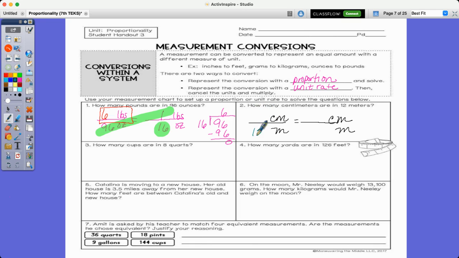Well, I know that there's 100 centimeters in 1 meter. So once again, I'm going to cross multiply and divide. 12 times 100 is 1,200, and I'm going to divide that by 1. So my answer is 1,200 centimeters.